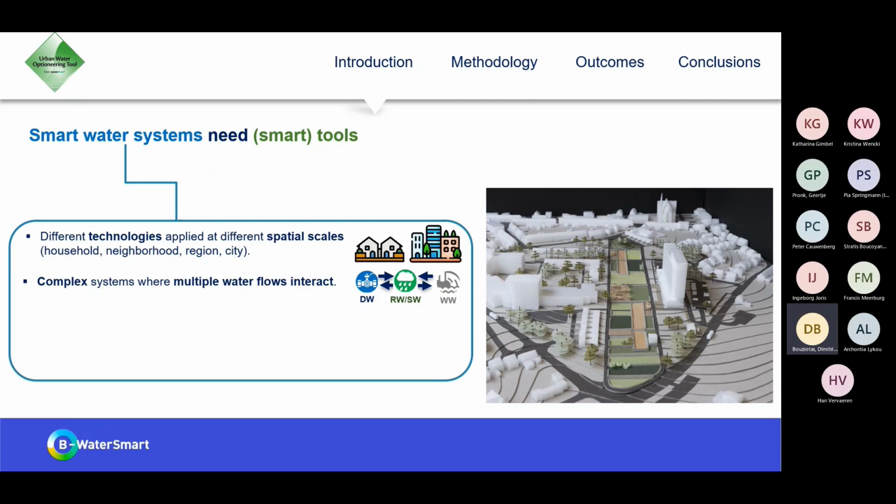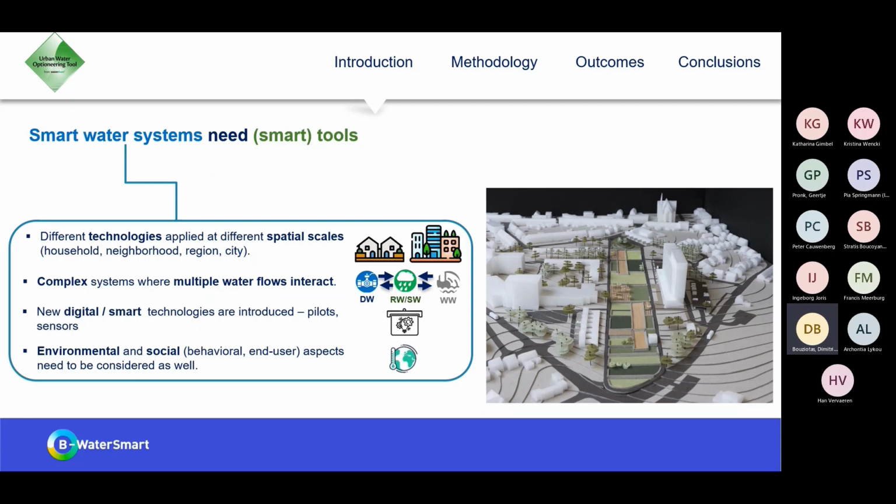Moreover, these smart systems have a high complexity and multiple flows in the urban water cycle, which are affected. There are, for instance, cascading and interacting effects in drinking water, stormwater, and evidently wastewater by introducing these smart water measures. And at the same time, smart also means digital, with new technologies being introduced, such as innovative pilots and smart sensors.